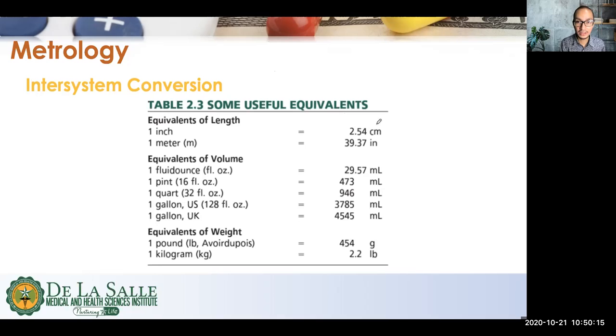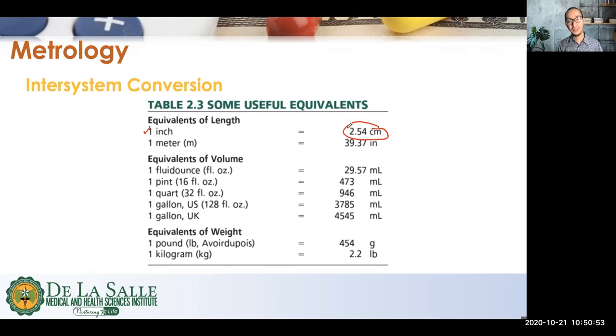In particular, here we have the inch. Just remember that an inch is equivalent to 2.54 centimeters. If you get confused about which one has the conversion factor 2.54, just remember that the length of the first joint of your pinky finger is almost equal to 1 centimeter, and the first joint of your thumb is almost equal to an inch.